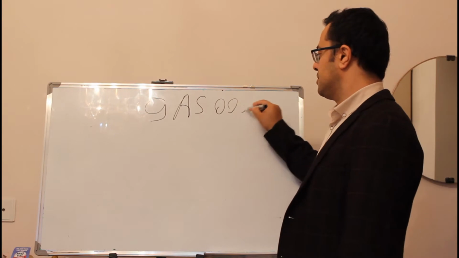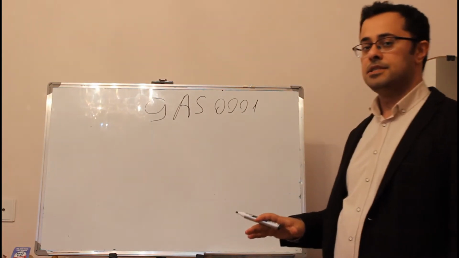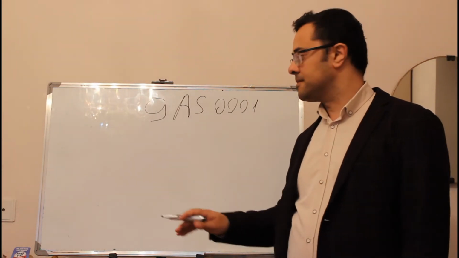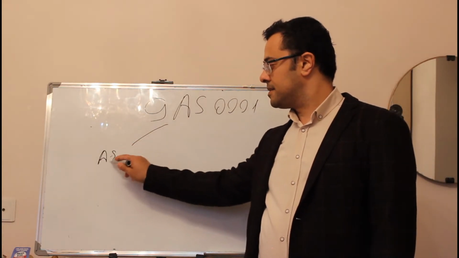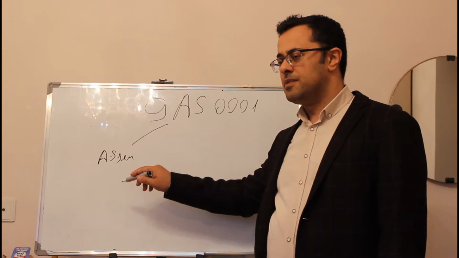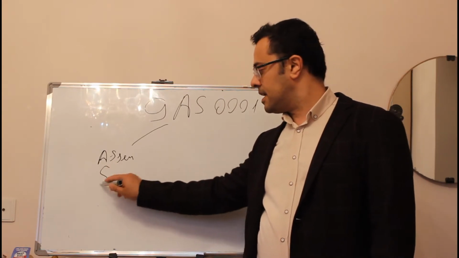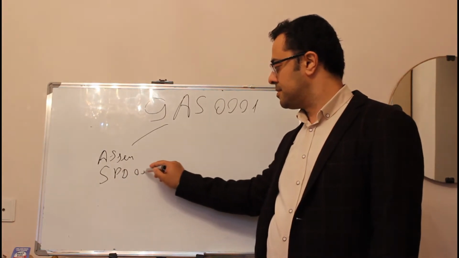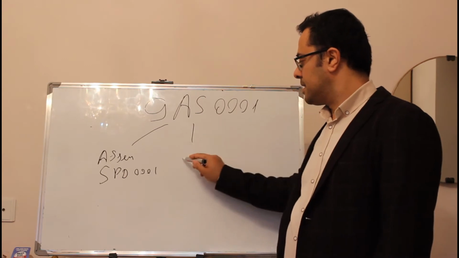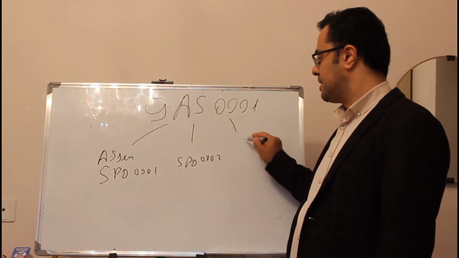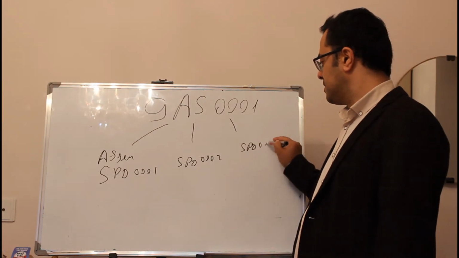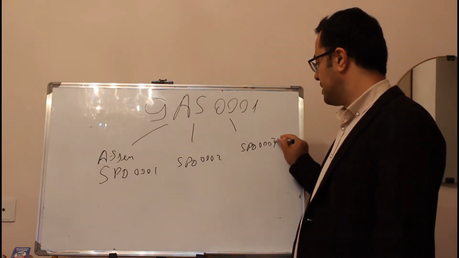So there is GAS 0001. GAS means General Assembly 1. It has assemblies which we call SPD 0001, SPD 0002, SPD 0003.